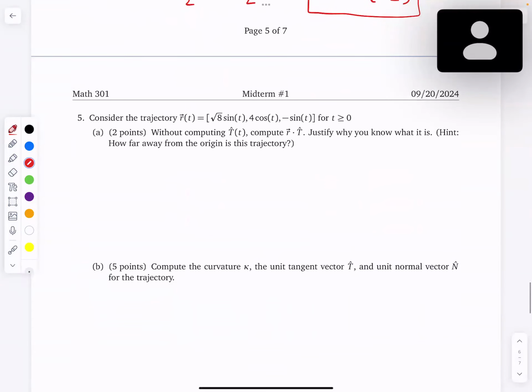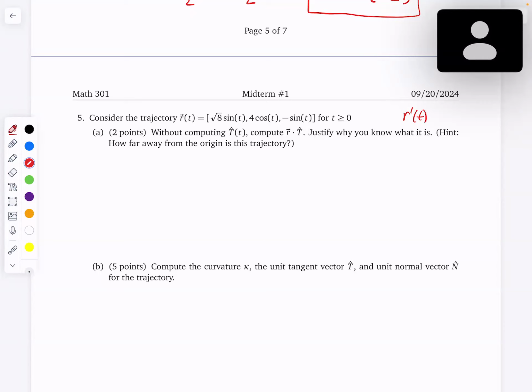Finally, we have one more problem with a bunch of sines and cosines. And without computing the unit tangent vector, we want to figure out what this dot product is. And so this is a little tricky because the unit tangent vector, maybe you're not thinking about it, but remember the unit tangent vector is related to the derivative.